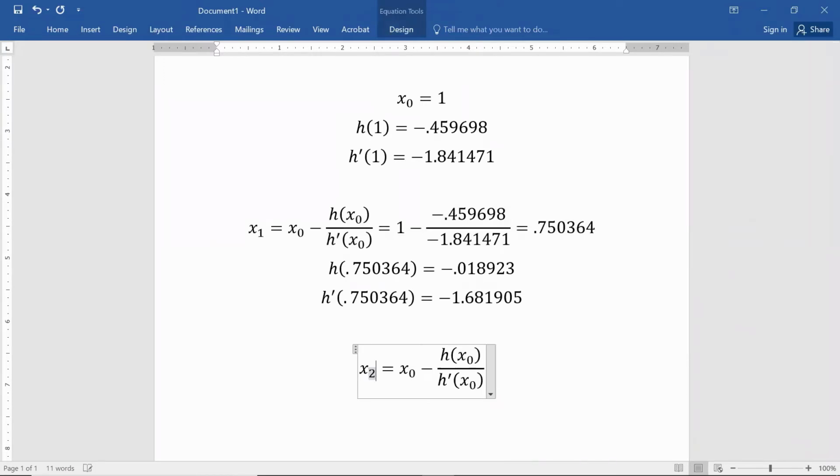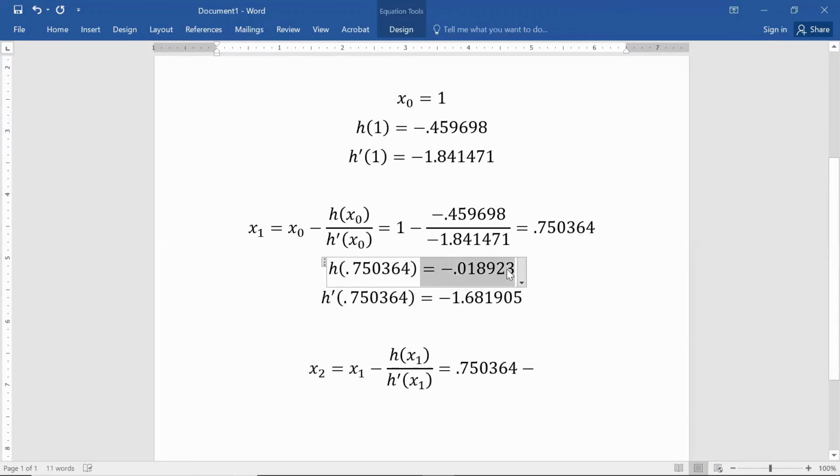Let's do another iteration. This problem asks us to not do a certain number of iterations, but make sure we're rounded to 3 decimal places accurately. I'm going to show you how to do that in this case, but in any cases that we want.